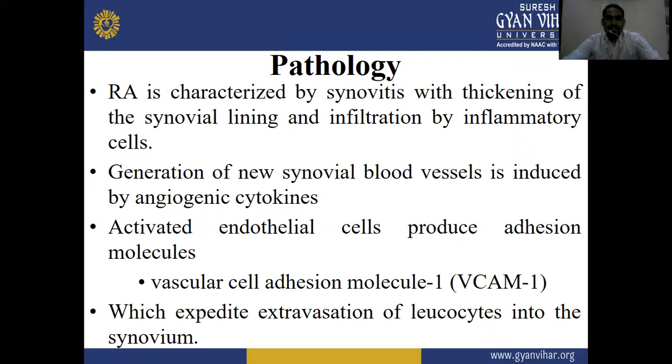Next one is activated endothelial cells. Activated endothelial cells produce adhesion molecules and vascular cell adhesion molecule-1. Cell adhesion molecules are a subset of cell adhesion proteins located on the cell surface, involved in binding with other cells or with the extracellular matrix in a process called cell adhesion.